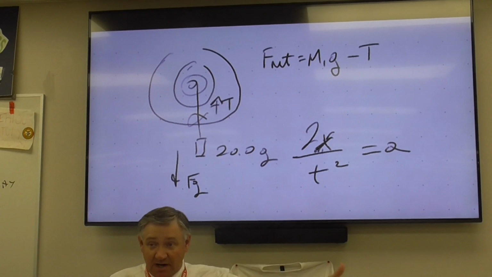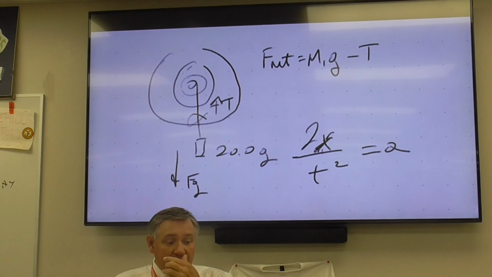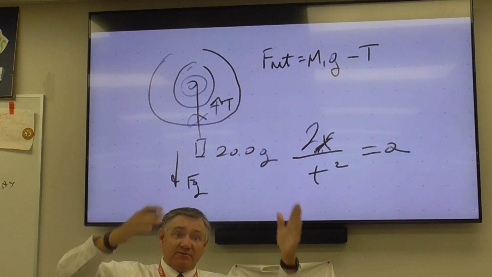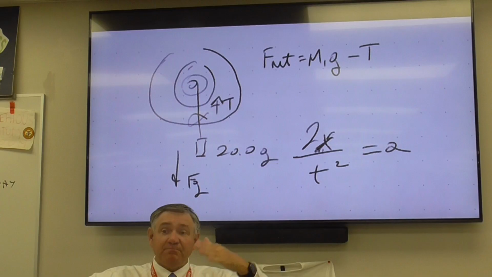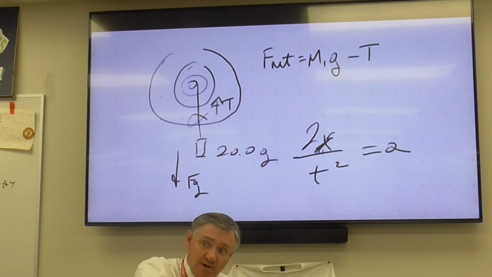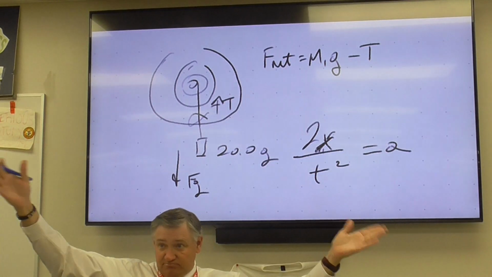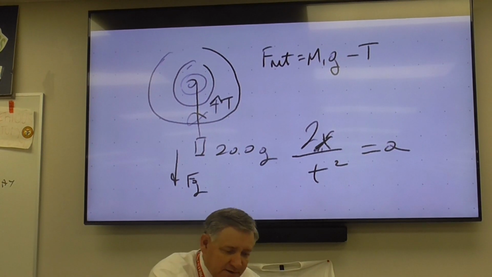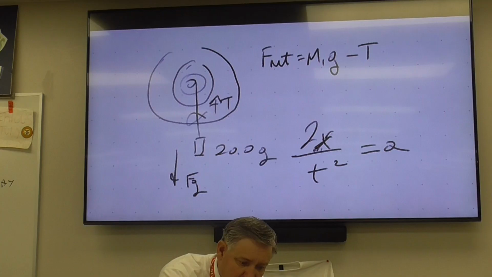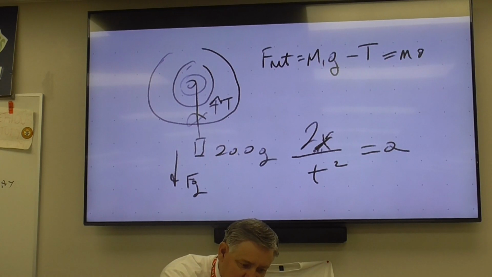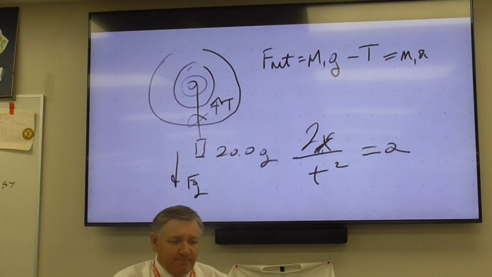We subtract M1 G minus the tension because the gravitational force is bigger than the tension. If the tension was bigger, I'd take tension minus M1 G. Okay? That's the story. Now, that's going to equal your net force, which is going to be M1 A.